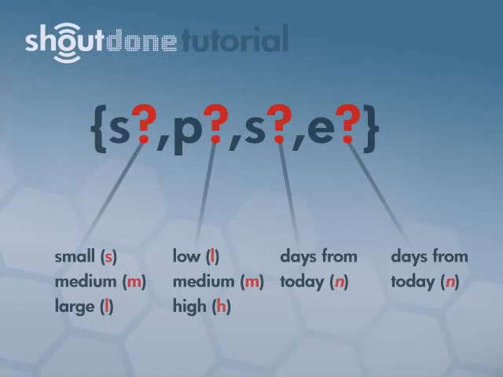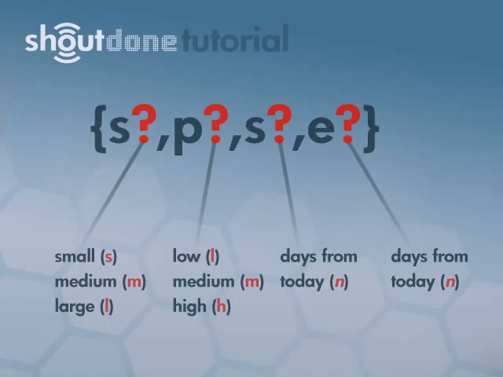comma, and then onto the next one, we have start date. Now the start date uses an S followed by a number, and the number is the number of days from today that you would like the task to start on. So if you wanted the task to start tomorrow, that's 1 day from today, so it would be S1. Importantly, if you want the task to start immediately, that's 0 days from today, i.e. today, you would have S0.